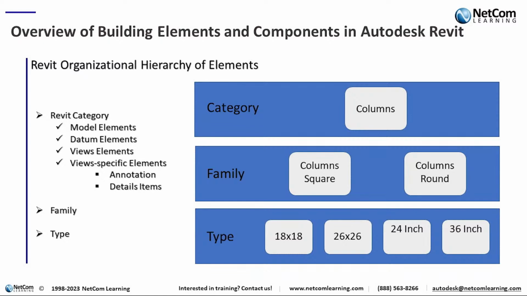So column square, and notice in types, that is a very unique word in the way that Revit uses it, means sizes. The different sizes of that column square that I have, 18 by 18, 12 by 12, 8 by 8, etc. So this is the only hierarchy. There's nothing else that we need to learn or worry about. It's always going to be categories, families, and types.